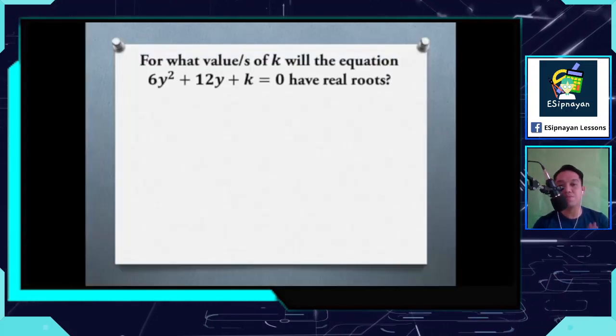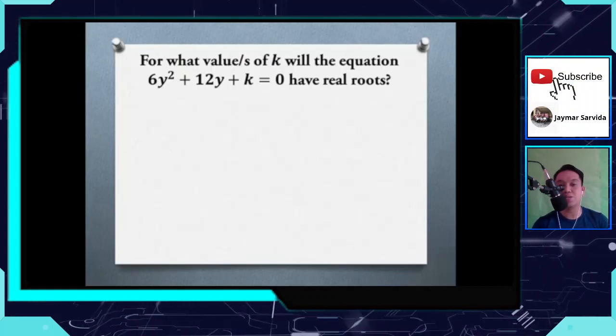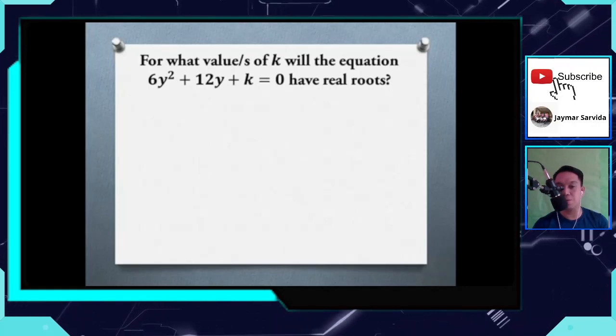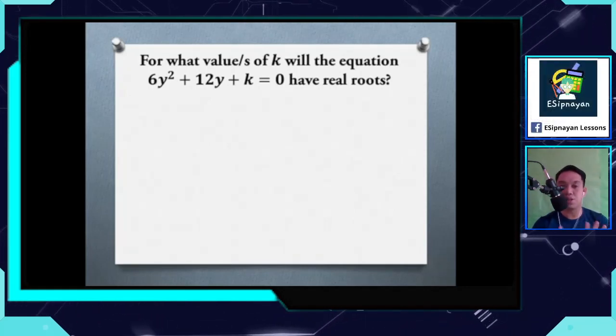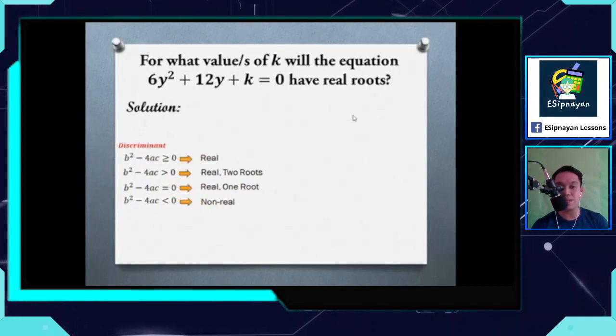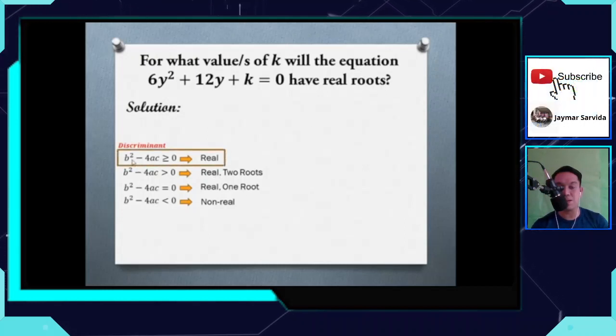So for what values of k will the equation 6y squared plus 12y plus k equals 0 have real roots? So again, the value of our discriminant. Since the given has real roots, the value of the discriminant must be greater than or equal to 0.